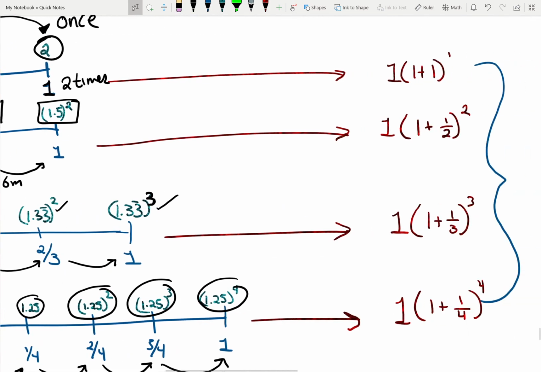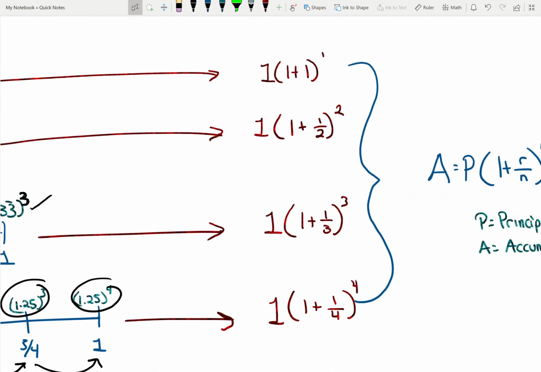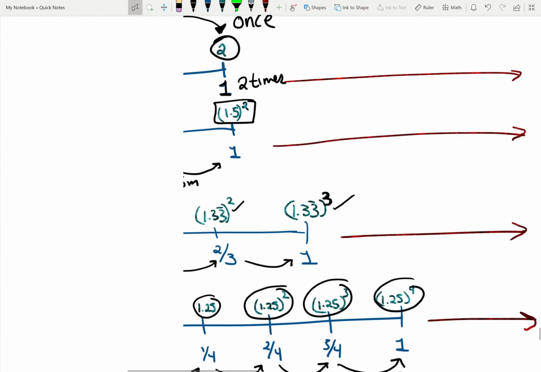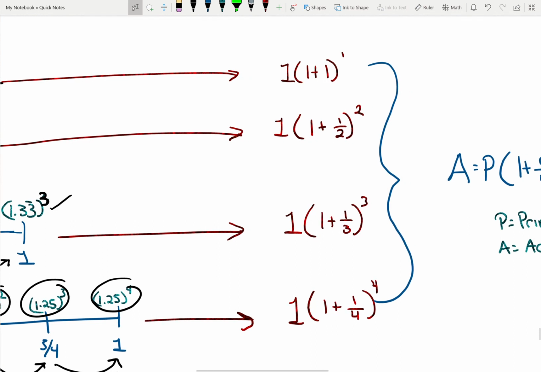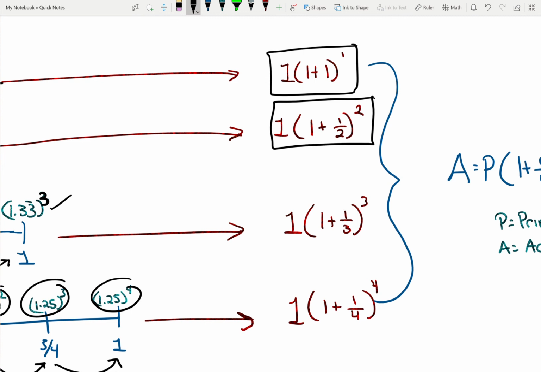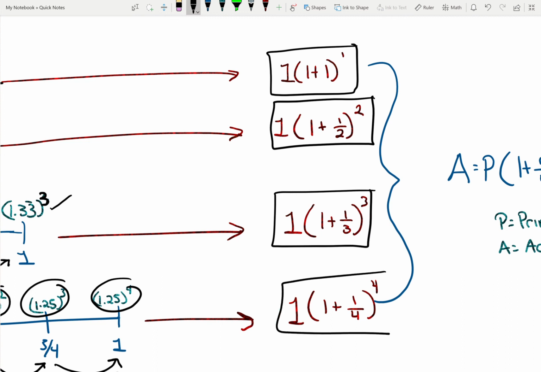So to generalize, I can rewrite these equations, everything that we just went over, like this. So this is 100% once at the end of the year, 50% 2 times throughout the year, 33% 3 times a year, 25% 4 times a year.